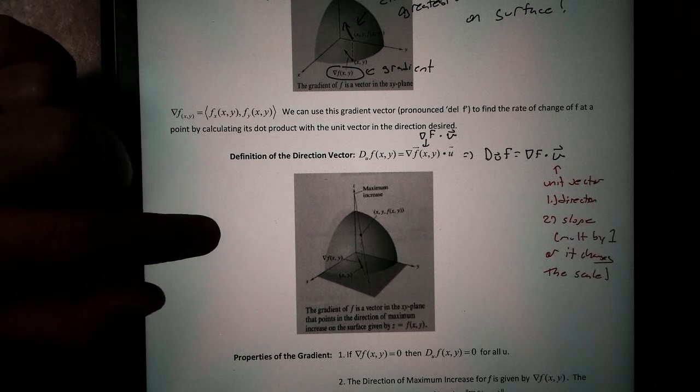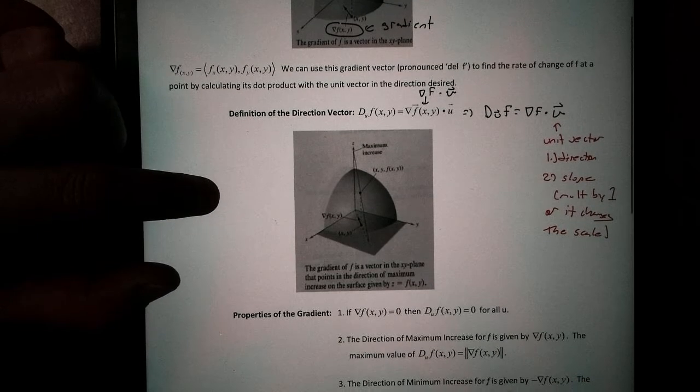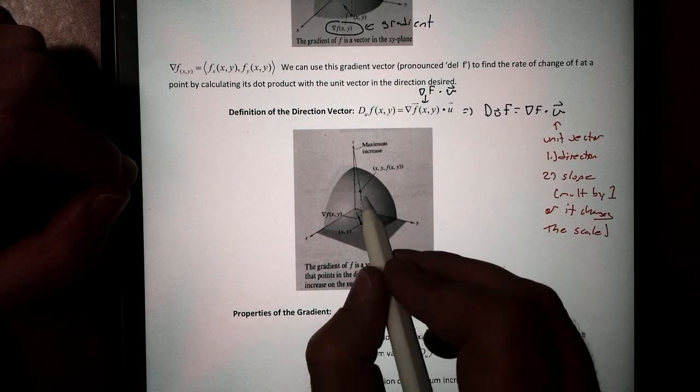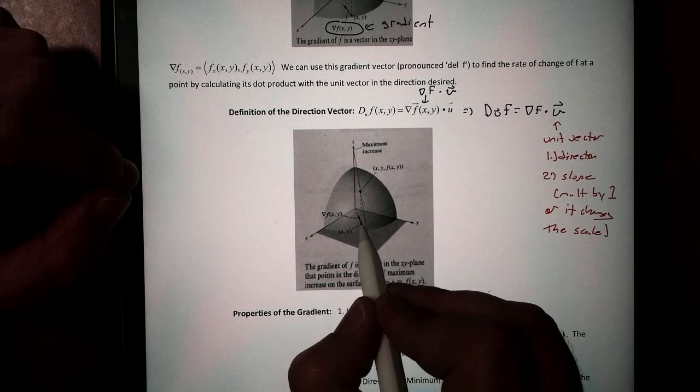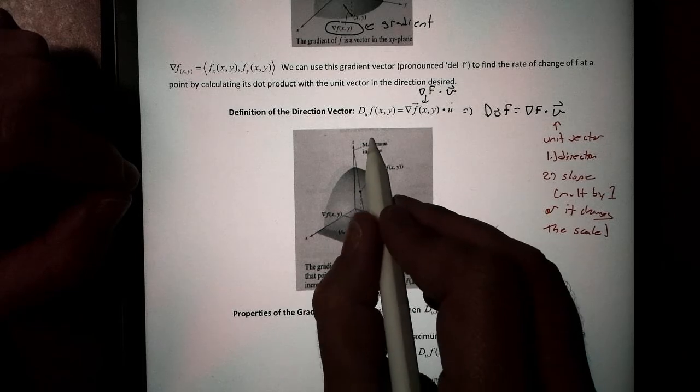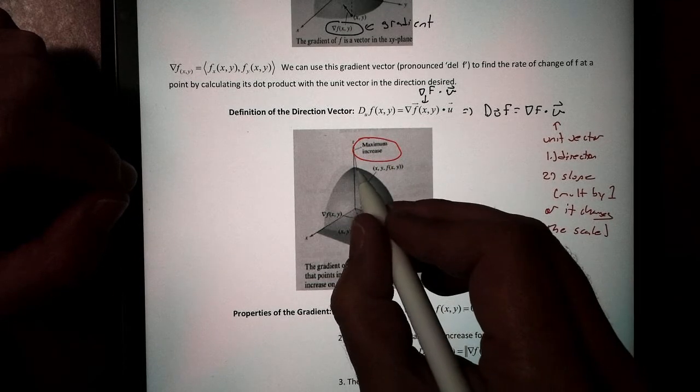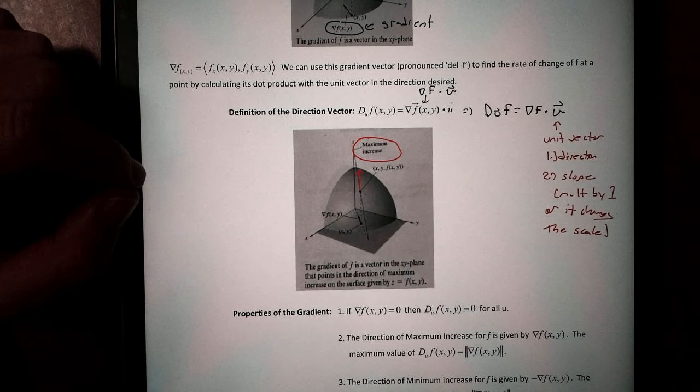So we want that to be 1 there. And again, looking at it over here, if this is my gradient down here, in the same direction, we get our maximum increase. So going in this direction, we get our maximum increase.